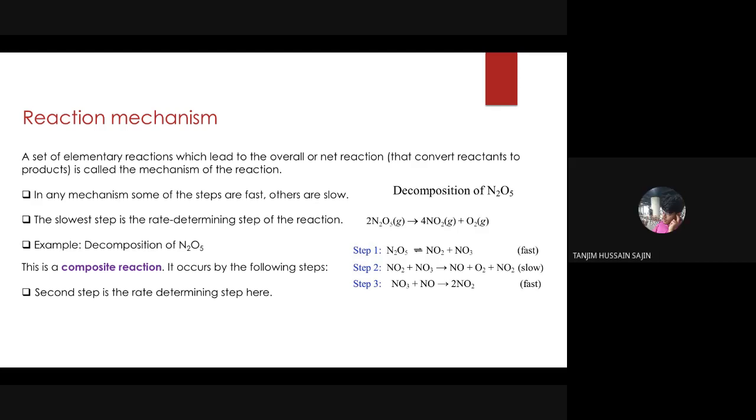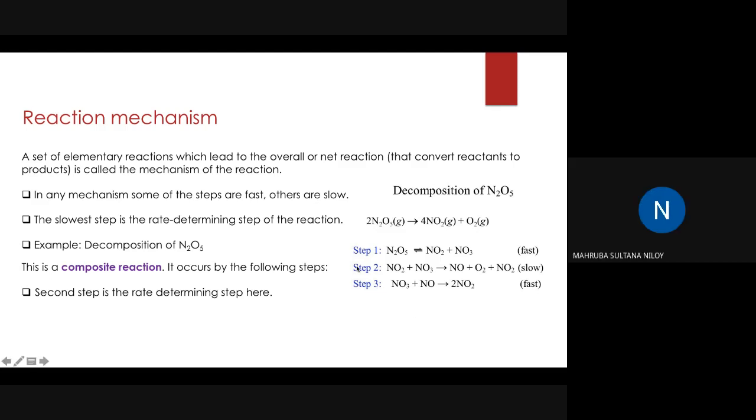I don't clearly remember, sir. Okay. Any one of you? Dinitrogen pentoxide. So why di? There are 2 nitrogens, right? Yes, sir.